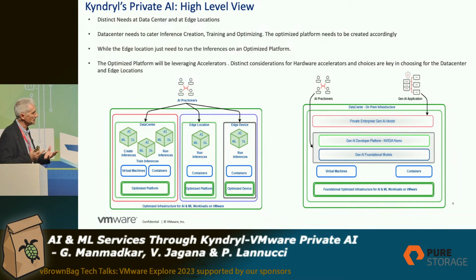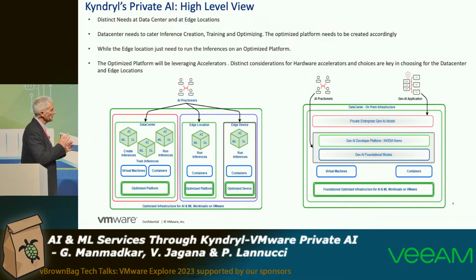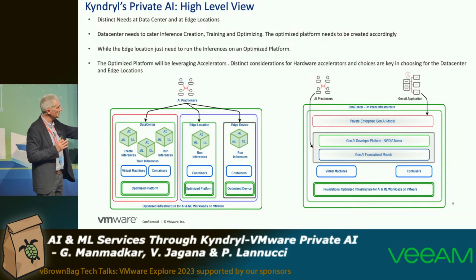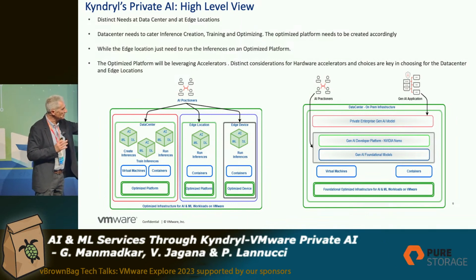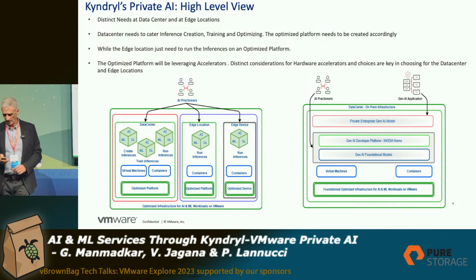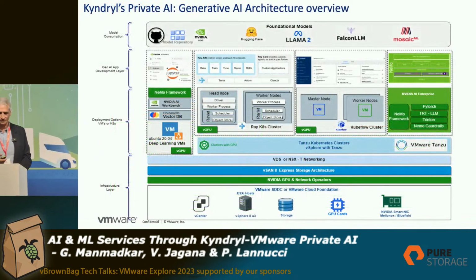So this is something that you cannot run at your edge site. This is something that you need to run in your data center. So depending on which type of capabilities you want to run, we will deploy different components in the different locations, right? So now let's see which are these components.